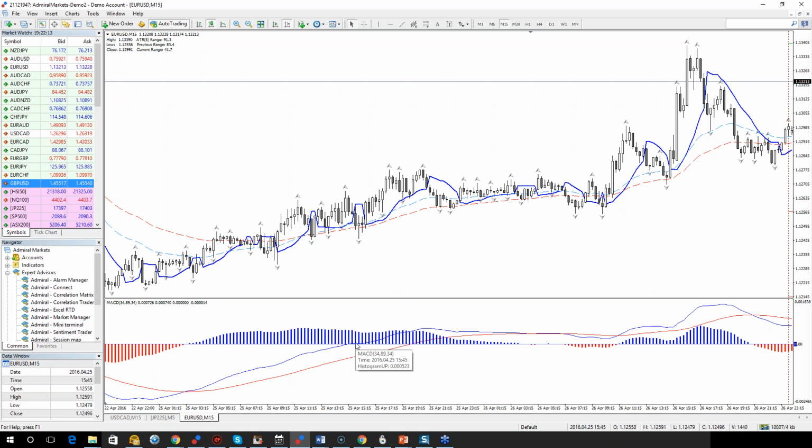When you see the blue line crossing the zero line from above, you can start thinking about long entries like here. Okay, here is your long entry. You don't need to wait for the red line because this is the momentum line. It will cross first and usually red will follow.